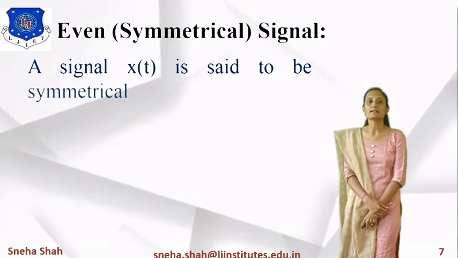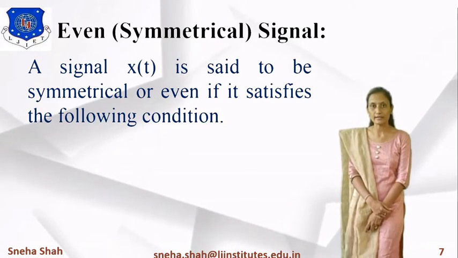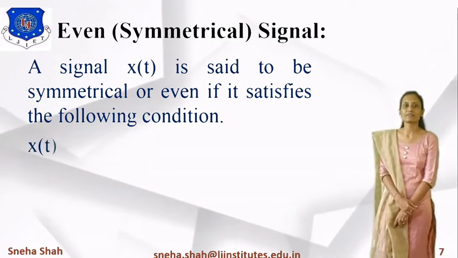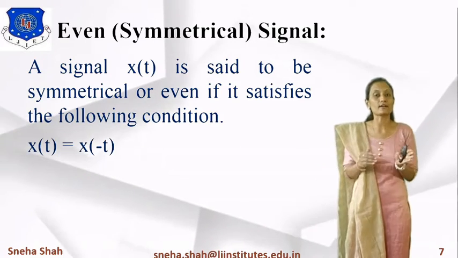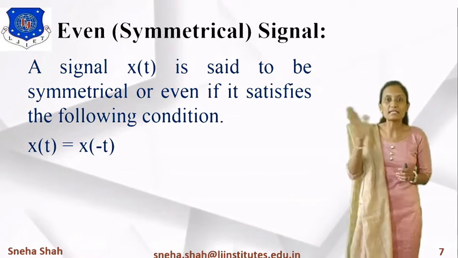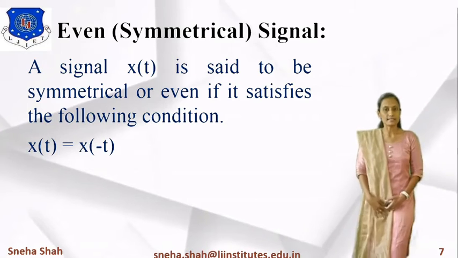The signal is said to be an even signal if it satisfies the following condition: x(t) equals x(minus t). It means whether we take the positive part or the negative part, on both parts the signal will remain the same. So it is a mirror image about the y-axis, and it is considered as an even or symmetrical signal.